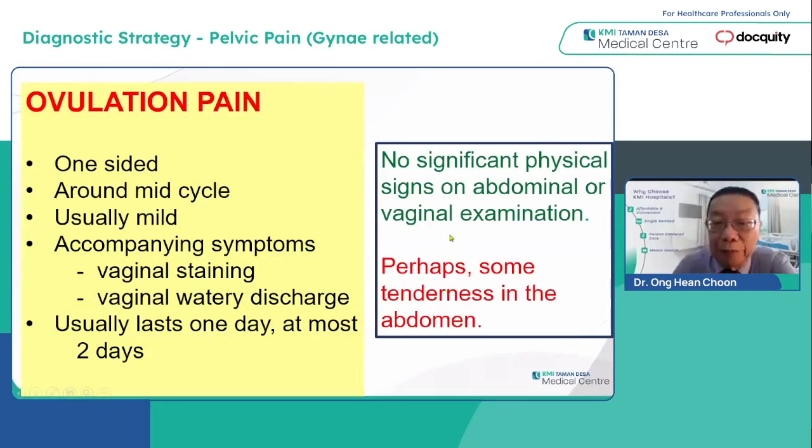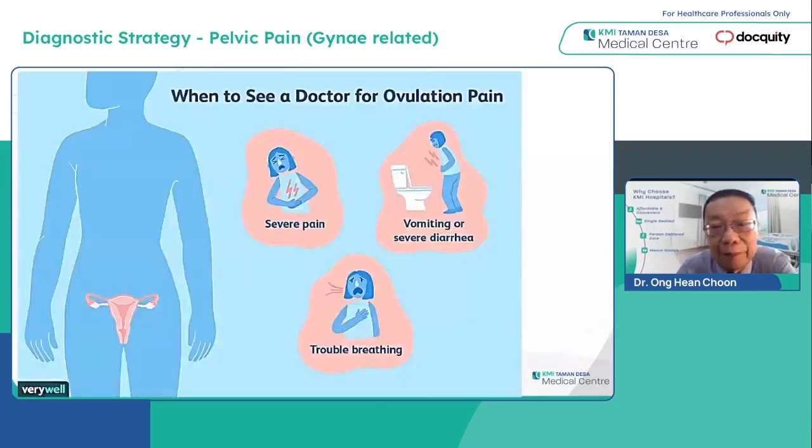Now, if you do an abdominal examination or any pelvic examination, you will find that there's no significant physical signs on abdominal or vaginal examination. Maybe you might notice some slight tenderness in the abdomen, and that's all you will get from the patient.